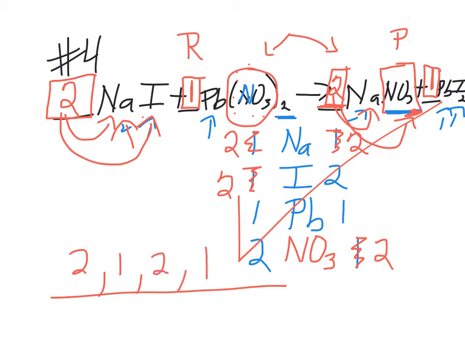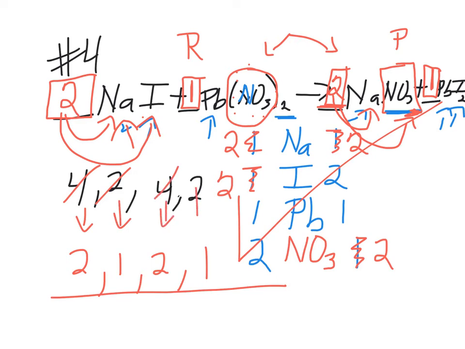Let's say we had gotten a 4, 2, 4, 2. If you have numbers that can reduce, you must reduce. All of these can be reduced by 2, so 4 divided by 2 gives me that 2. 2 divided by 2 gives me that 1. 4 divided by 2 gives me that 2.